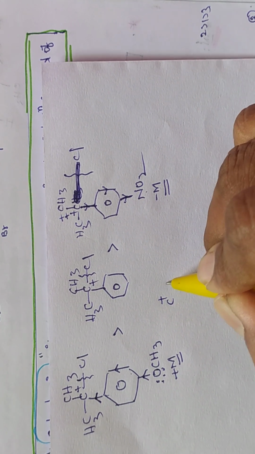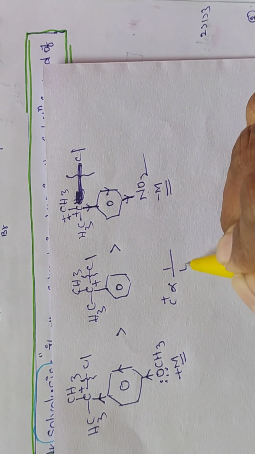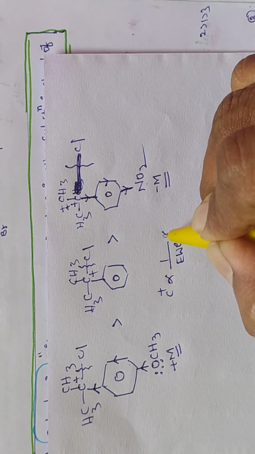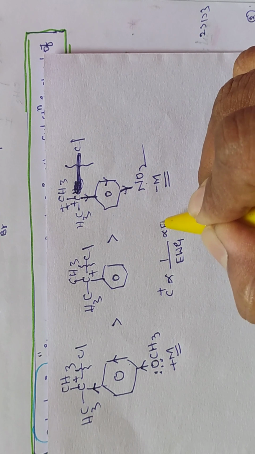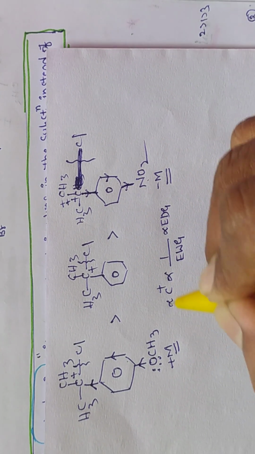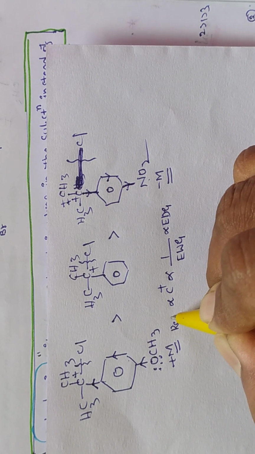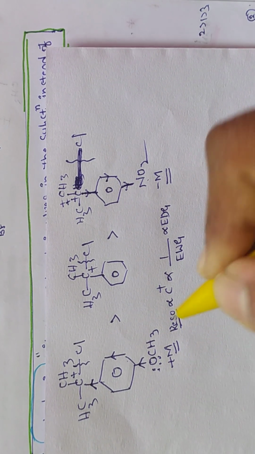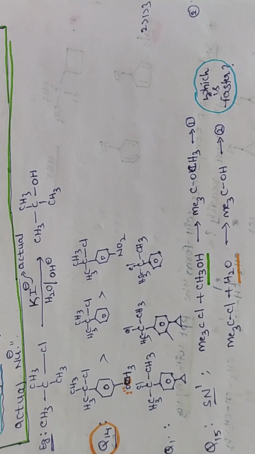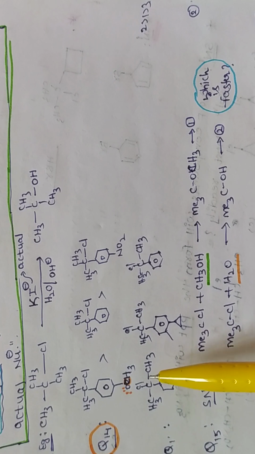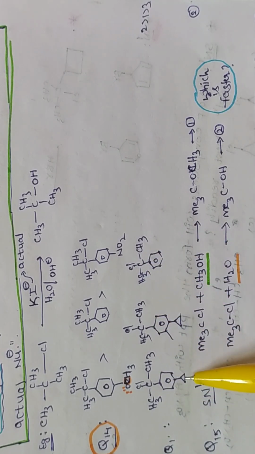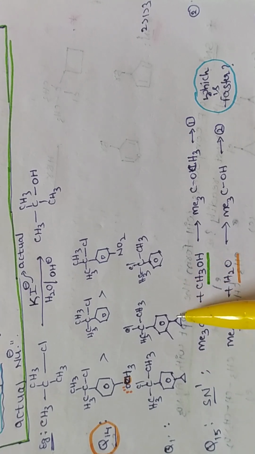Stability of a carbocation is inversely proportional to an electron withdrawing group, and directly proportional to an electron donating group, or directly proportional to resonance. Next, same question. In all cases a 3 degree carbocation is there. Here one cyclopropyl ring, here one cyclopropyl ring.